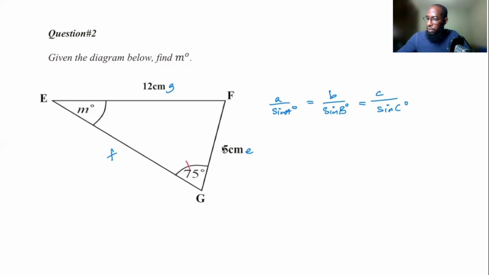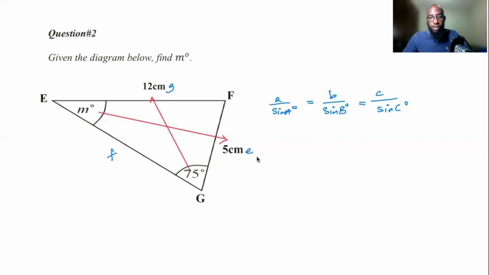And we deal with this side here. Whether you put E over sine E first and then G over sine G, whichever one you put first, it doesn't matter. The question will still work out.